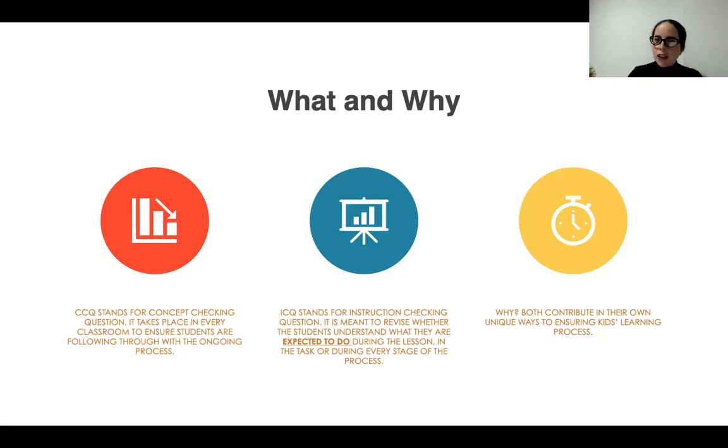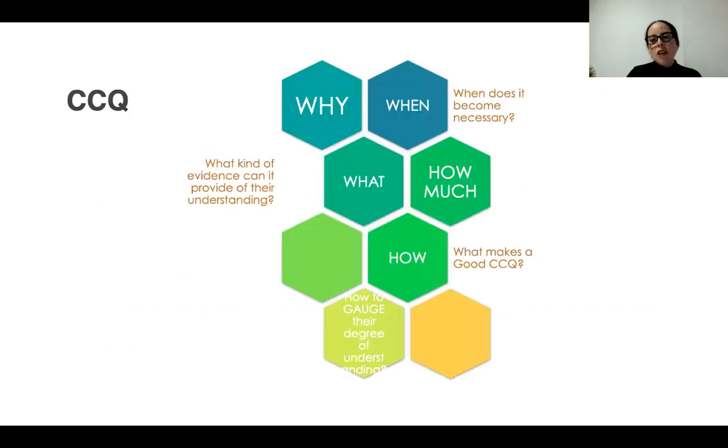Since you can read, I allow you some time to just see through the text, but we're going to start with CCQ. And we start with CCQ because whenever a learning experience happens, it is basically them learning new things, new understandings of the world from different perspectives, from different aspects that come to life whenever they're in different subjects.